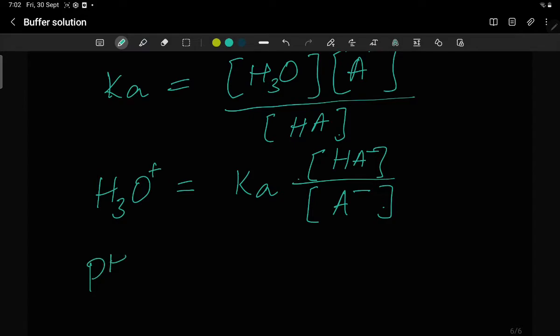pH is equal to the negative log of the concentration of hydrogen ion.